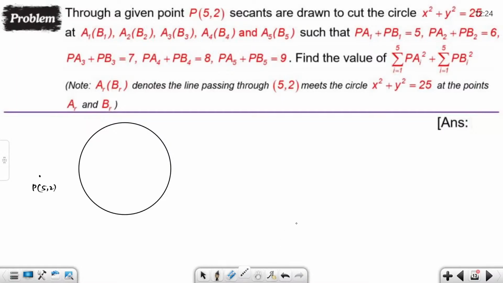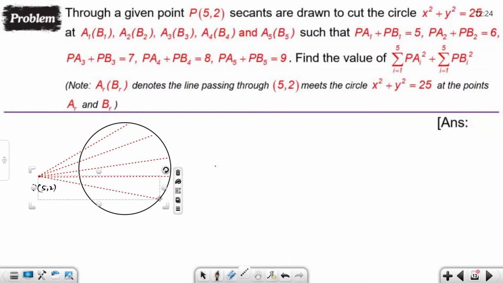So let me just draw 5 secants from this point P. This is the first one, the second one, the third one, this is the fourth one, and this is the fifth one, right?